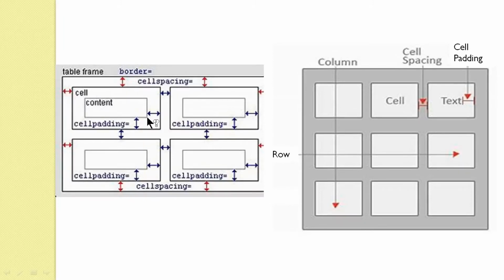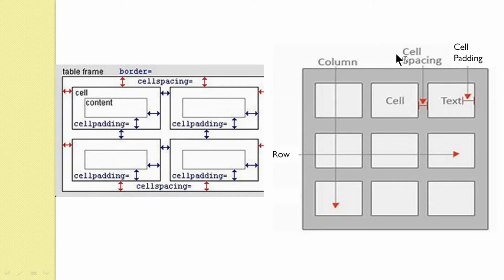The space between the content or the text within the cell and the cell wall or the cell border, we call the cell padding. The content and the wall or the border, we call the cell padding.